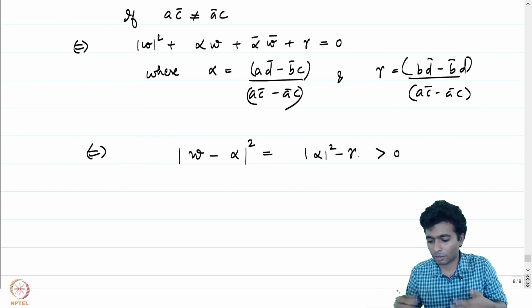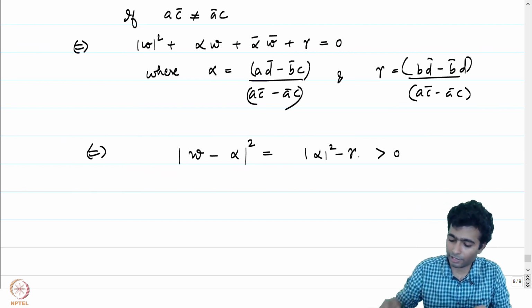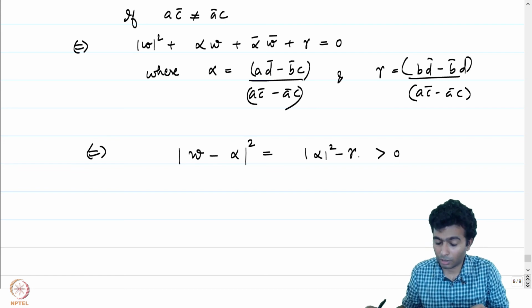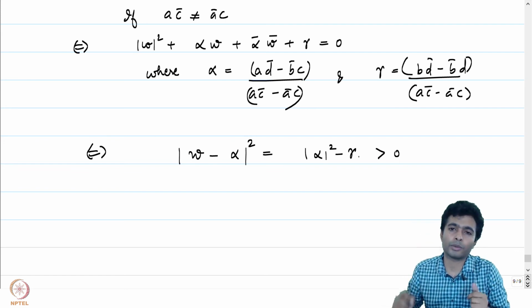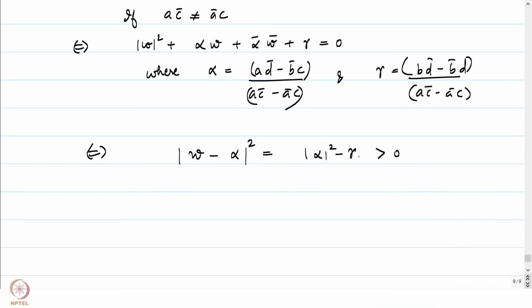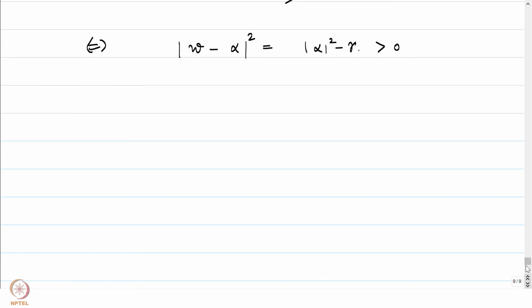The conditions of the Mobius transformation will ensure that this is greater than 0, and we can look at the square root to get hold of an expression for a generalized circle, in fact a circle here. And that's going to be a very important observation because we're going to prove that with the following theorem.